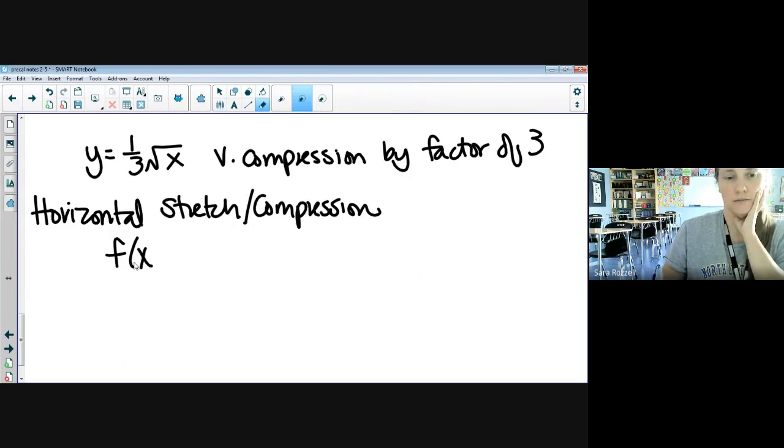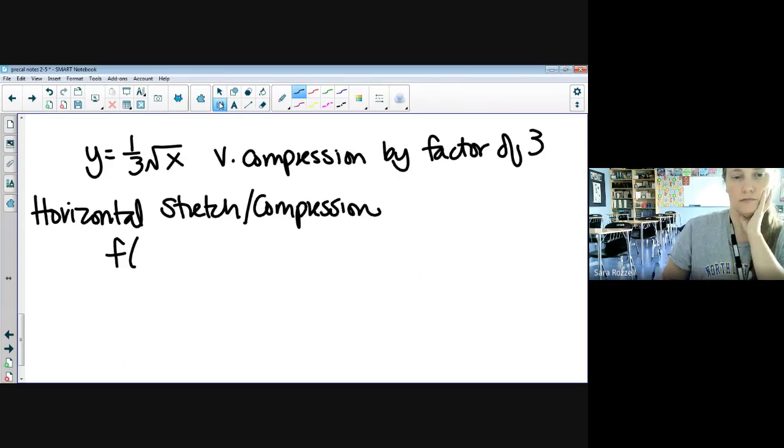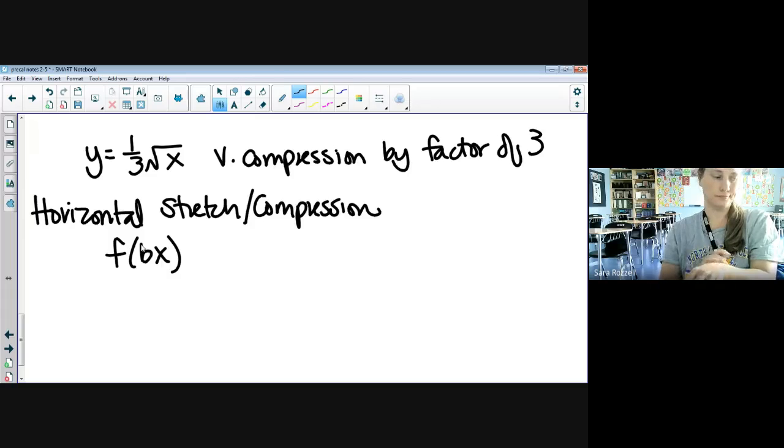Oops, we need a B right there. Okay. So what we're going to think about is we can go back to our hands and doing horizontal stretches and compressions.